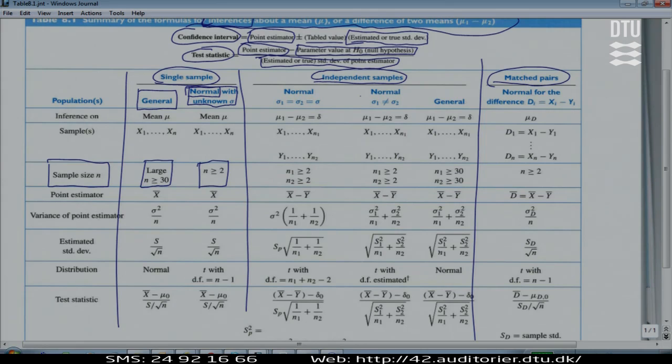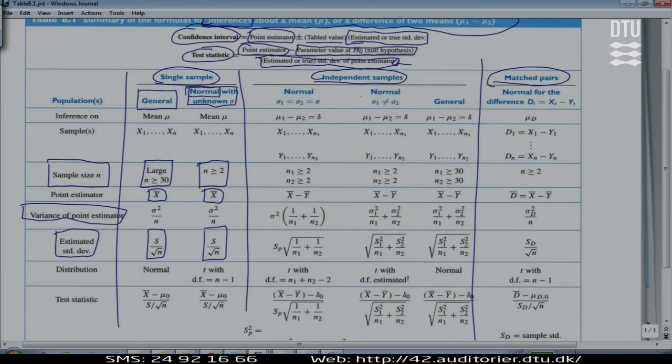Now, the variance of the point estimator, I mean the point estimator is just the average, right? No difference there. The variance, and the estimated variance, or rather the estimated standard deviation, the one that enters into the formulas up here, would be S over root n in both cases.